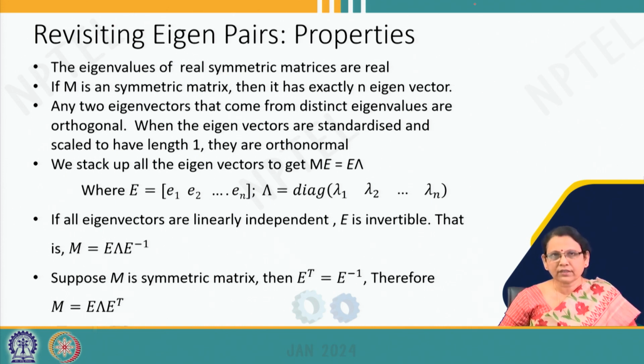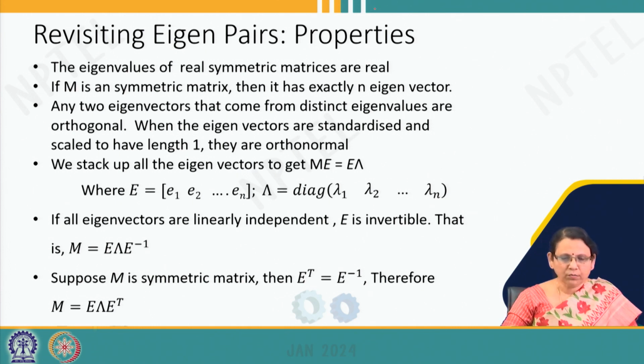Orthogonal in the sense that if we multiply those 2 vectors component-wise and add them together, the value becomes 0, and each of them is standardized and can be scaled to have length 1.